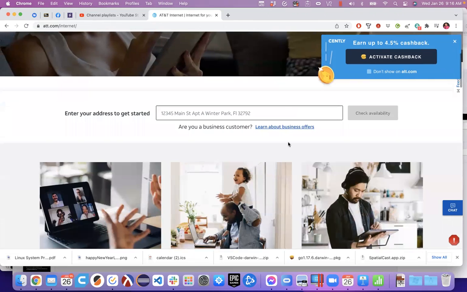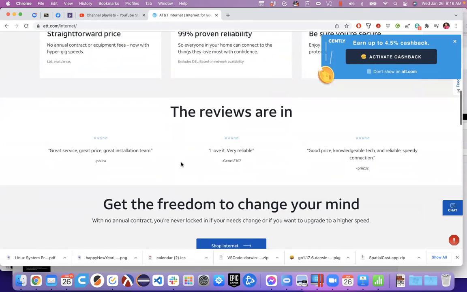We're going to see speeds like 24 megabits per second.